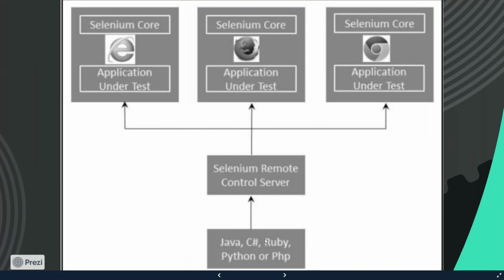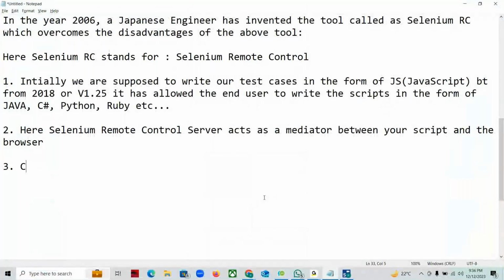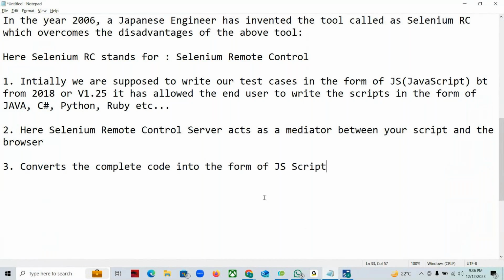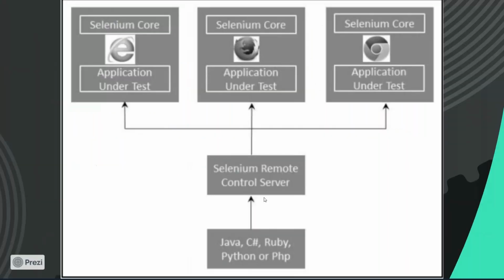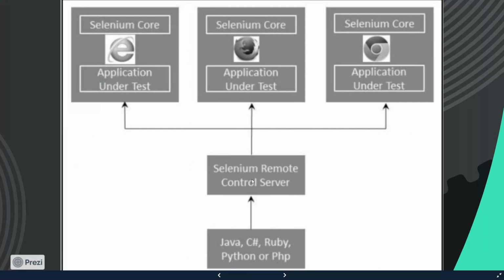So what does the Selenium remote control server do? It converts the complete code into the form of JS script and injects it into the browser. With the help of the Selenium remote control server, it injects Selenium core.